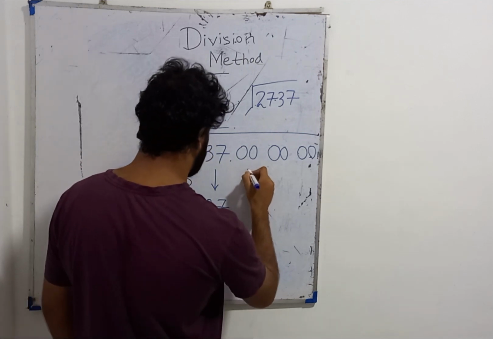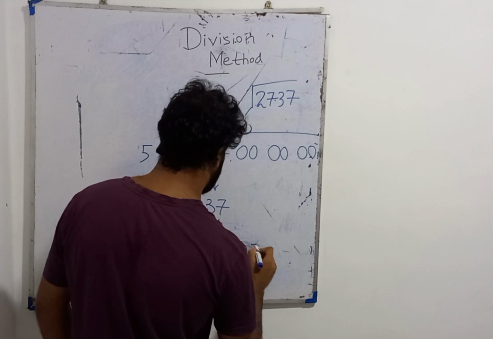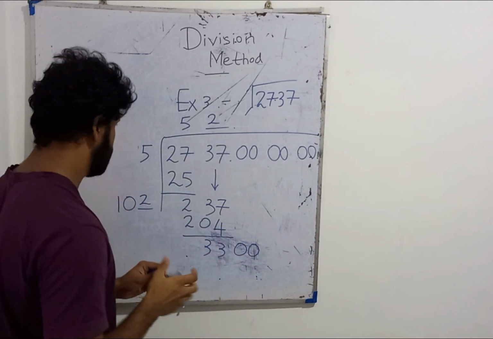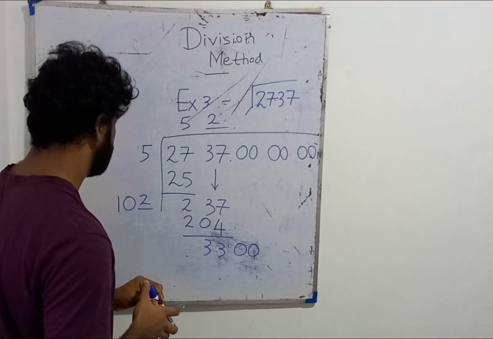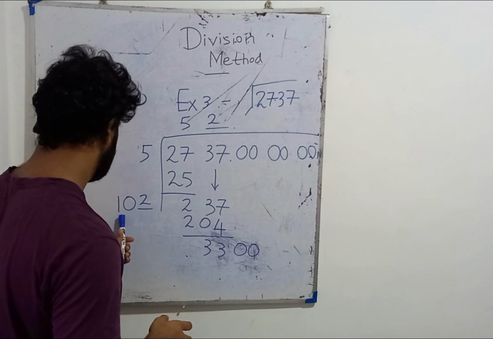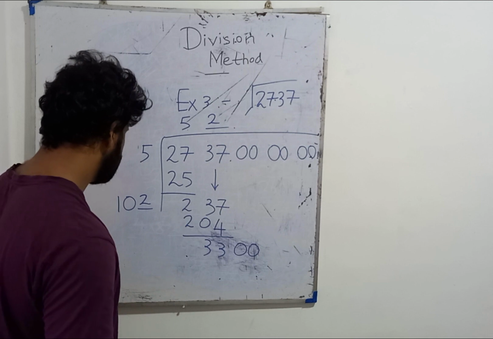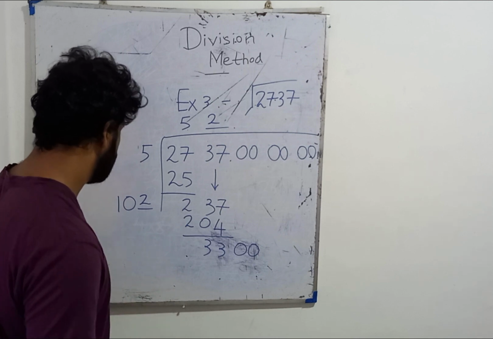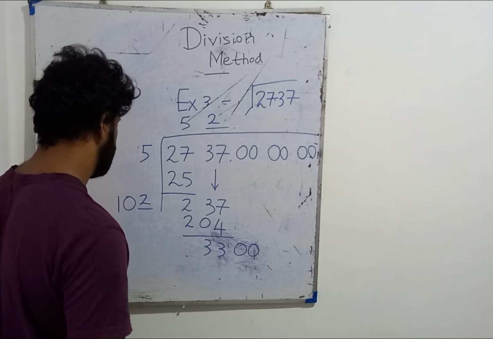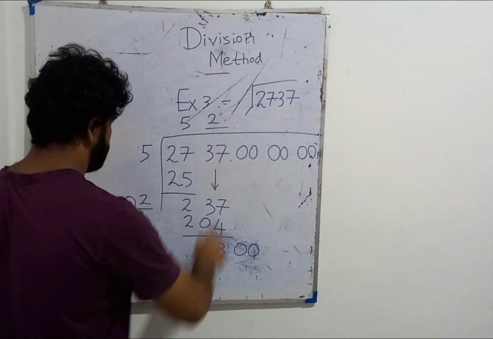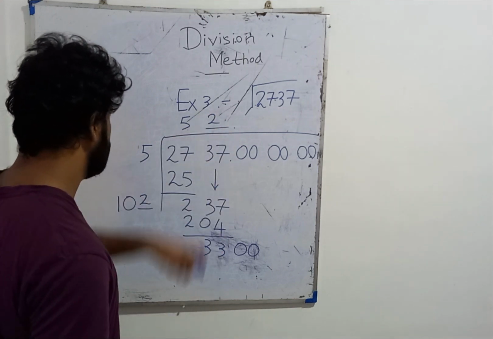Okay, these 2 zeros go down again, 0 and 0. 0 and 0. Then 102 is there. Then 52.